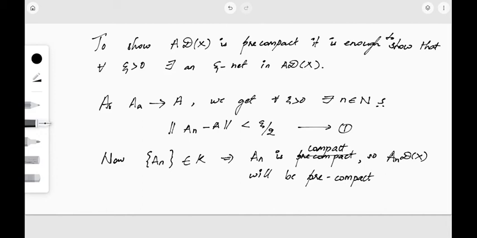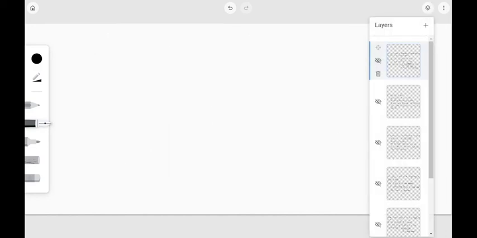So A_n d of x is pre-compact, so for every epsilon there exists an epsilon net in A_n d of x. Okay, don't get confused with A d of x. We have to prove this result is true for A d of x, but we know that this is true for A_n d of x. So let's see what happens.